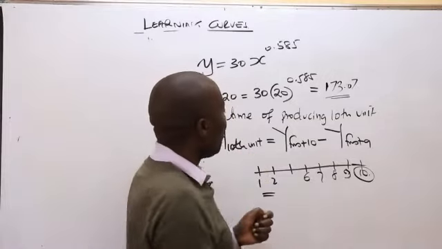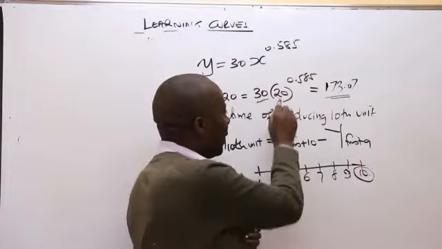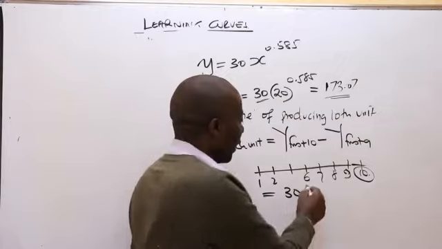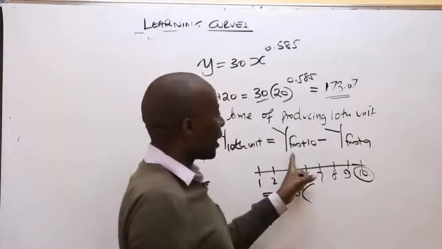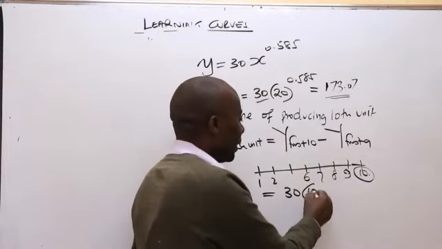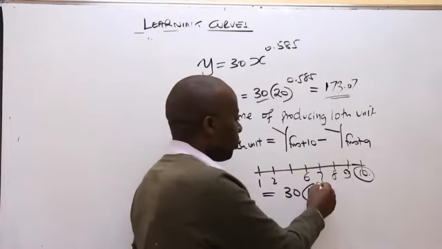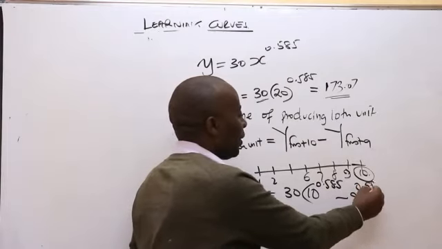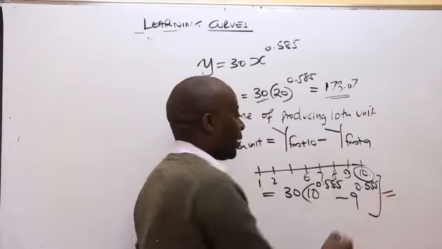So then this one here will be equal to, I have my a is 30, which cuts across. So I'll put 30 outside, and then inside the brackets I'll take care of my units and my power. So here I'll talk of 10 raised to my power, which is 0.585, minus 9 raised to 0.585 like that. So come and give us an answer.